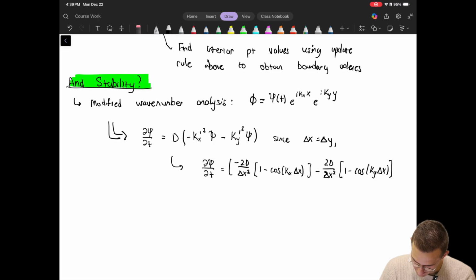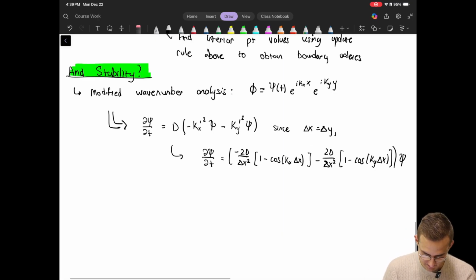That whole thing multiplied by psi. Okay, so it's really just doubling the same thing that we found for the 1D case.